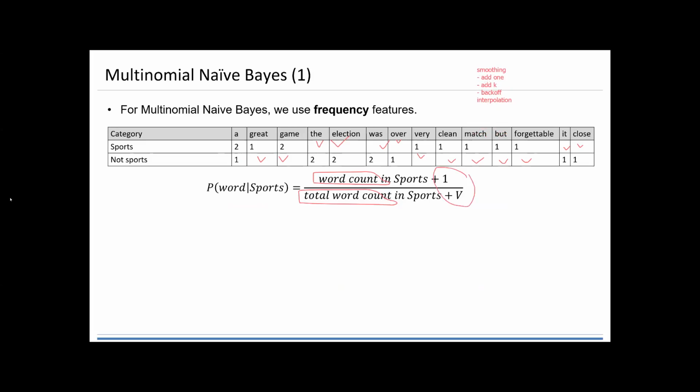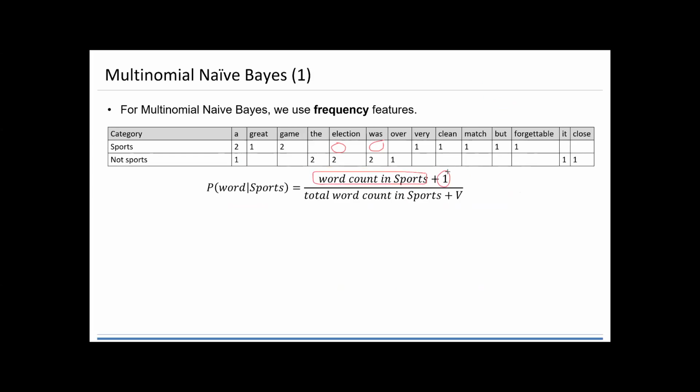Let's say I'm going to use the add-1 smoothing. Okay, so we call this the Laplace smoothing. With the Laplace smoothing, we want to make sure that for every zero there is still a possibility. Okay, if the word count in the sports is 0, we will add 1.